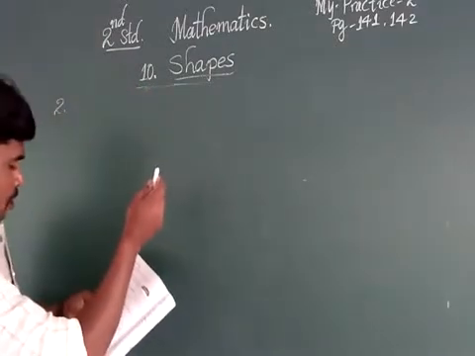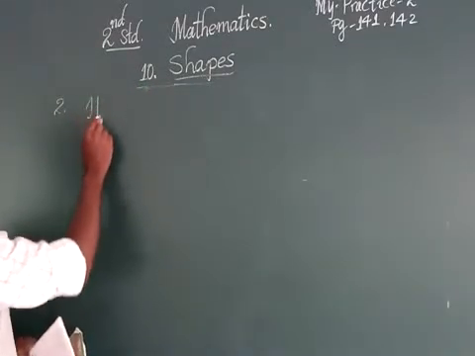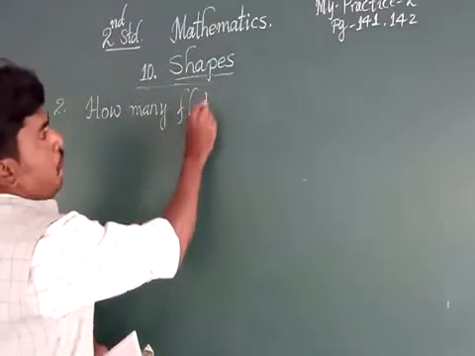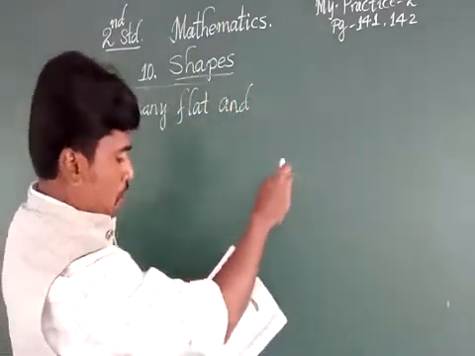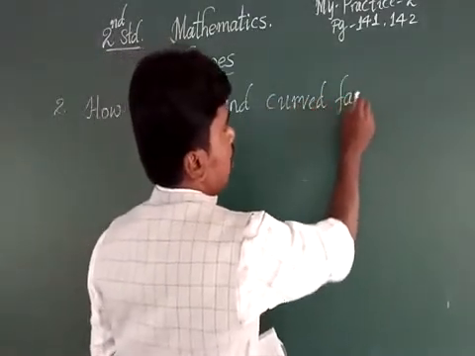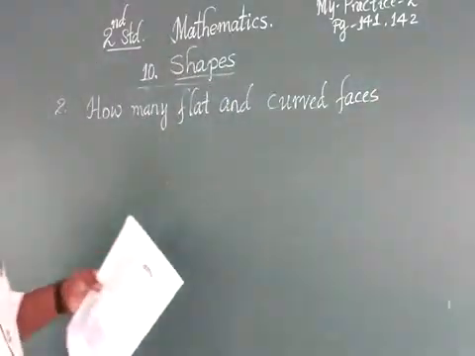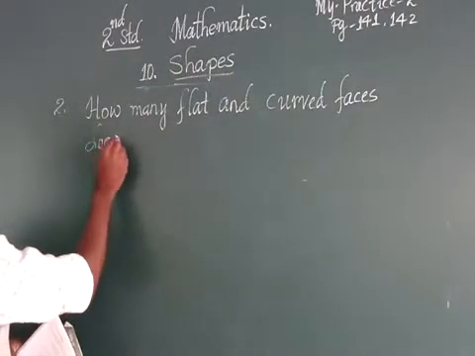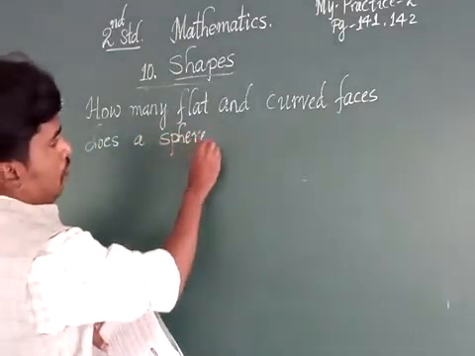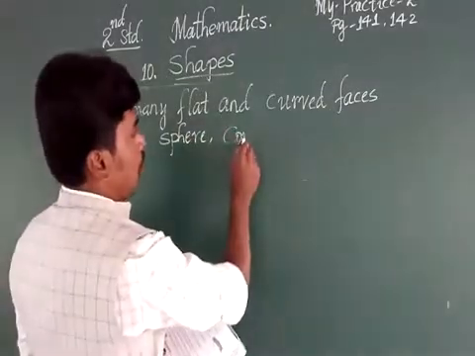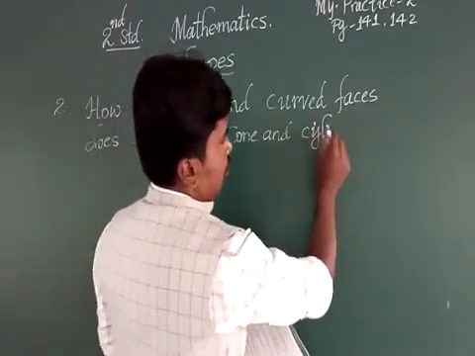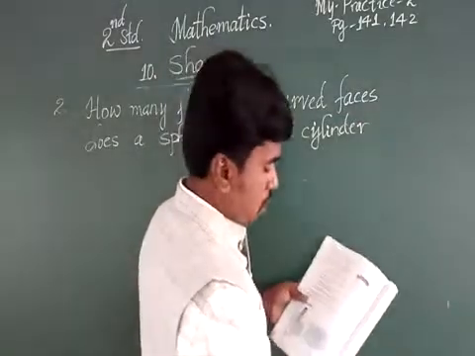Fifth one. How many flat and curved faces does a sphere, cone and cylinder have?